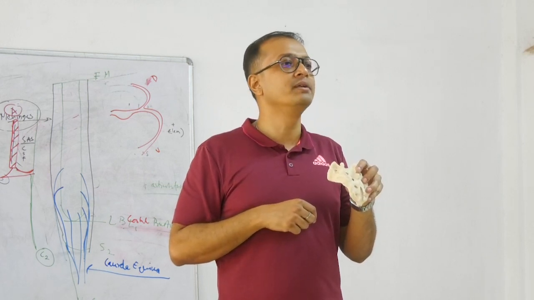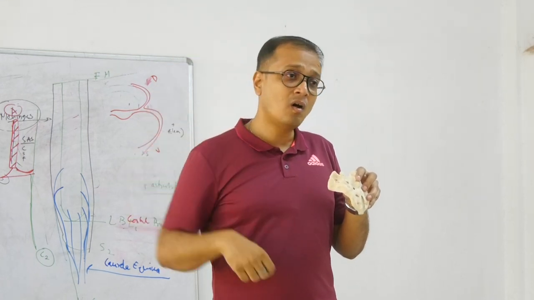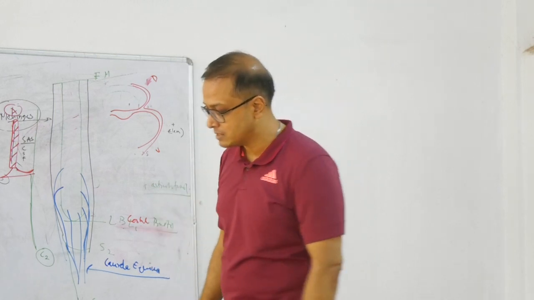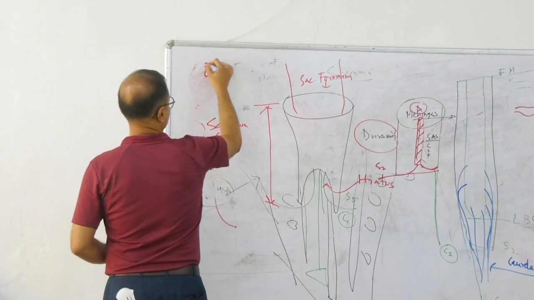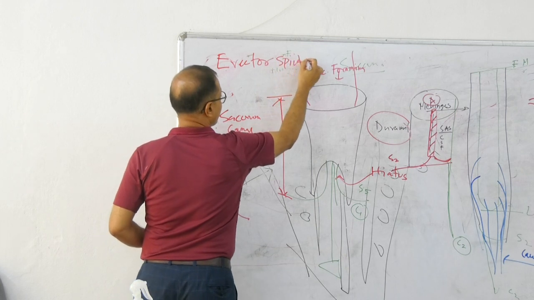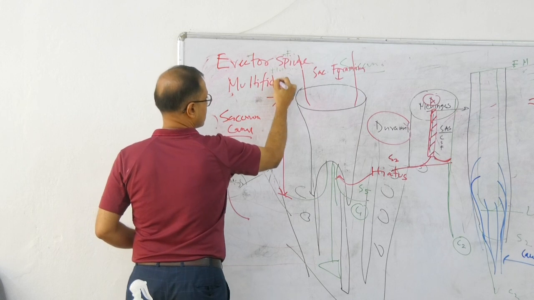We call this multifidus, which has attachment at the multifidus area of these lumbar vertebrae. So two muscles are attached on it: erector spinae, multifidus.